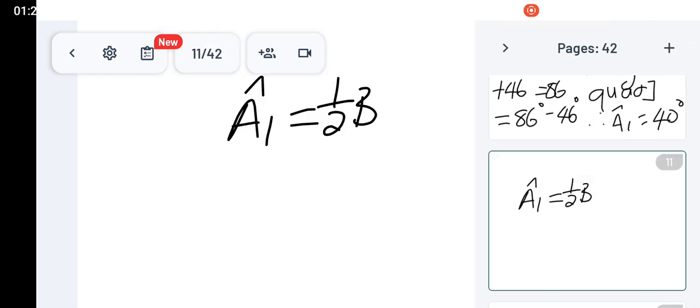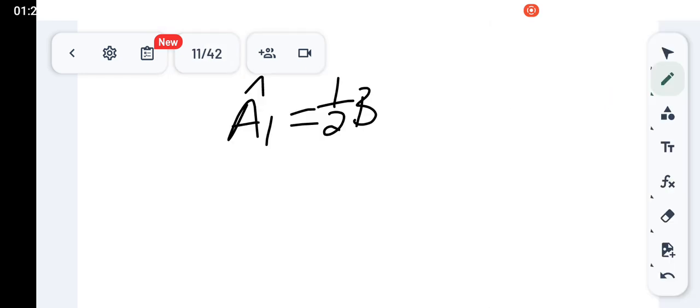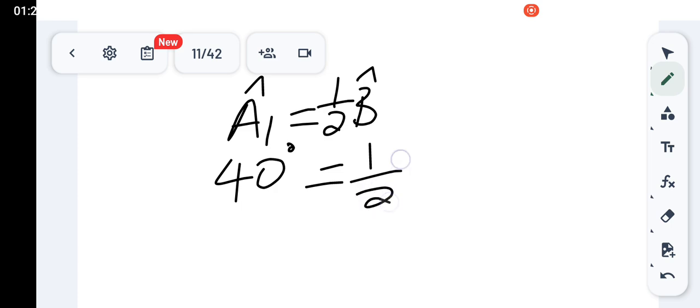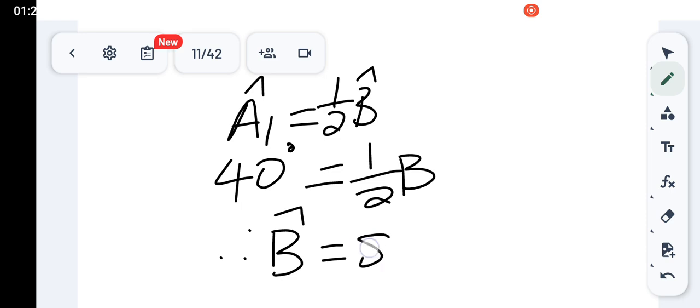They said angle A1 is half of angle B. So let's try to find the size of angle B. When you divide by half on both sides, angle B is definitely equal to 80 degrees, right?